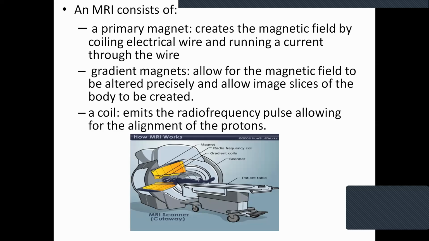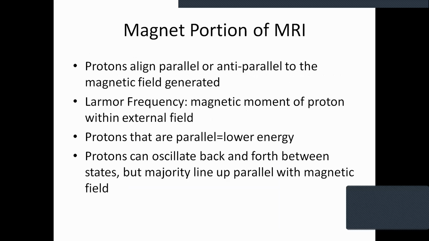Basically this machine has a magnetic coil, the primary magnet, used to create the magnetic field by running a current through electrical wires, and a gradient magnet which allows variation of the magnetic field and allows image slices of the body to be created, and a coil that emits the radio frequency pulse allowing the alignment of these protons. So this is the information regarding protons in MRI theory.